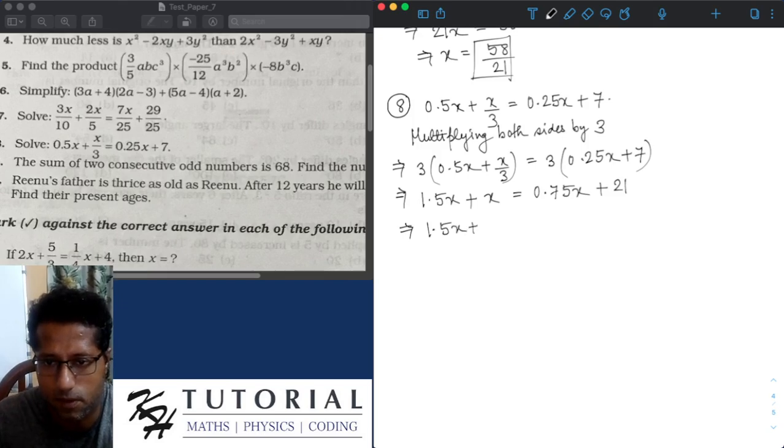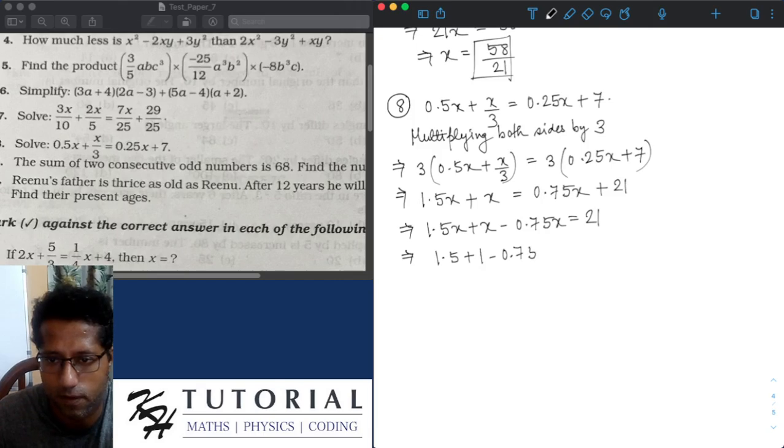1.5x plus x minus 0.75x equals 21. Now if we add up all the x terms on the left hand side, it is 1.5 plus 1 minus 0.75x.